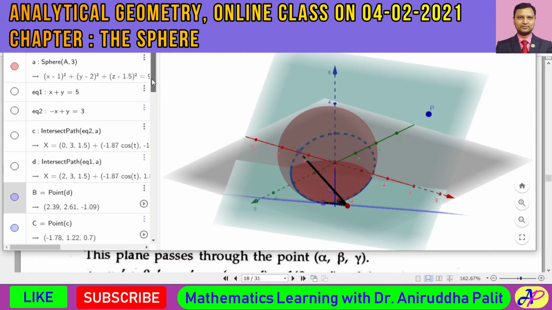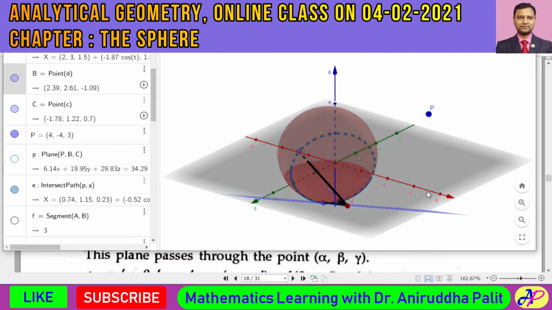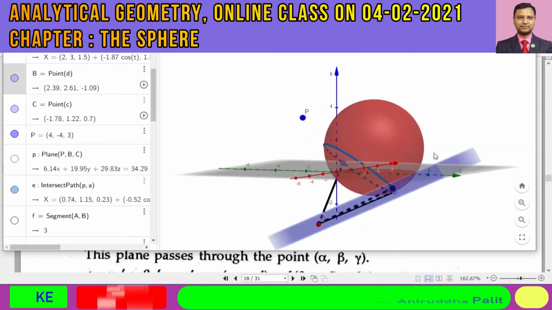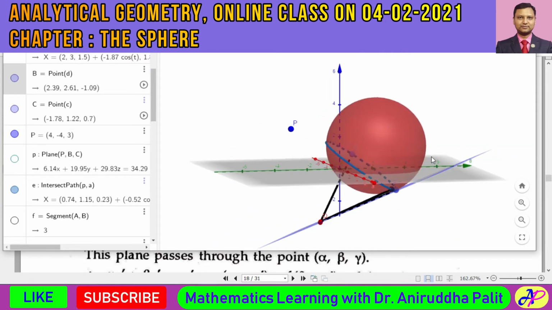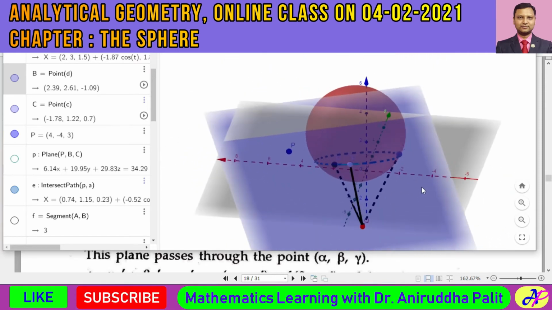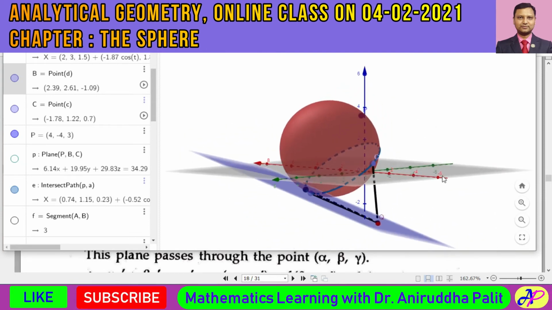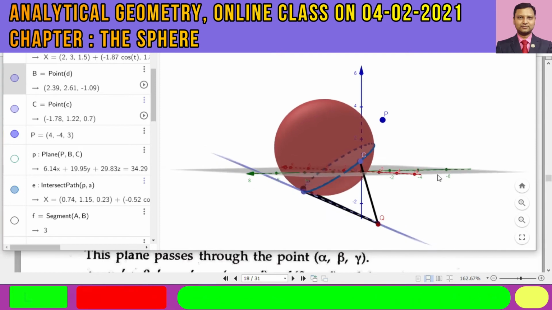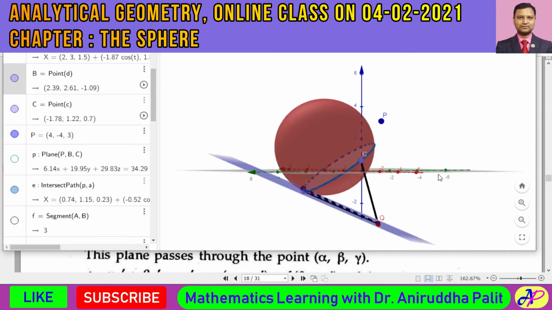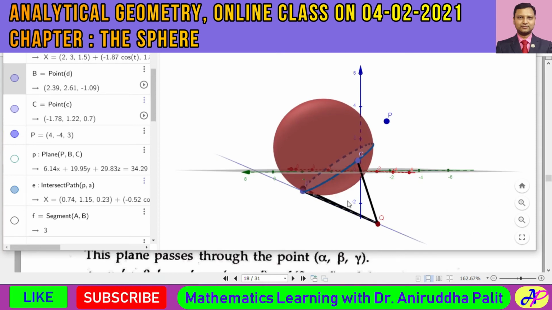First of all, let me suppress this picture. If you look at this line, this plane is actually the tangent plane through the point E, like this. Hopefully, this picture is now clear to you.